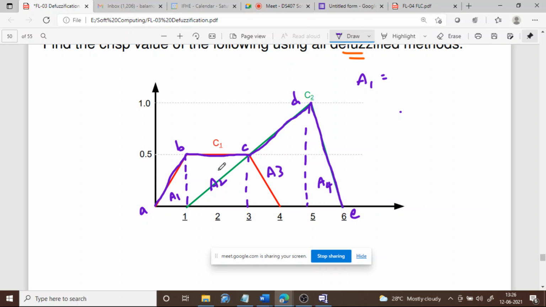Between 0 to 1, you have to apply the line equation we discussed previously: y minus y1 divided by x minus x1 equals y2 minus y1 divided by x2 minus x1. When you take these 2 points, for A and B, what is x1 y1?